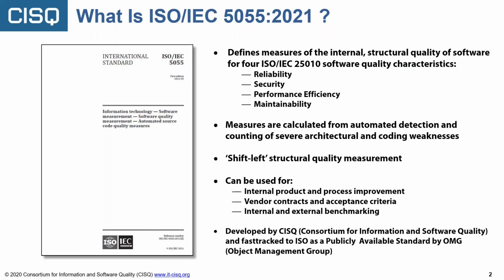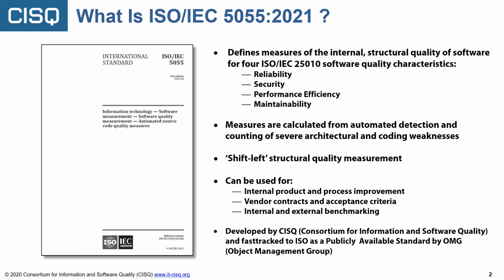So this standard lists four measures concerning the internal structural quality of software. These four measures are reliability, security, performance efficiency, and maintainability. I'm going to show you how these measures are constructed, what they're constructed of, and give you some ideas about how they can be used.